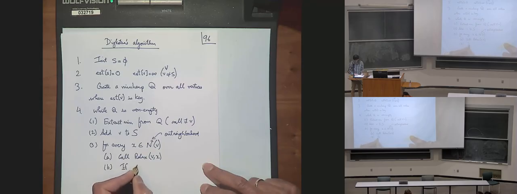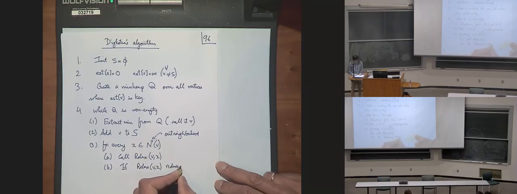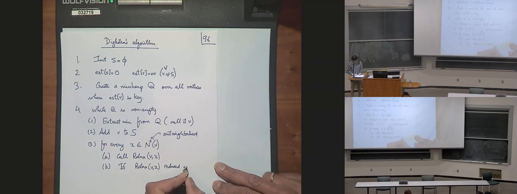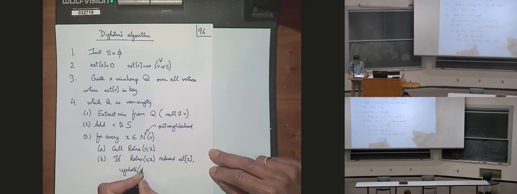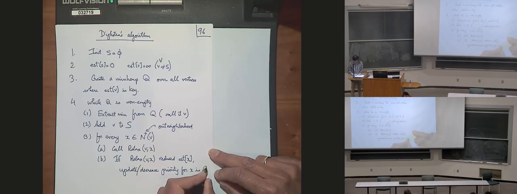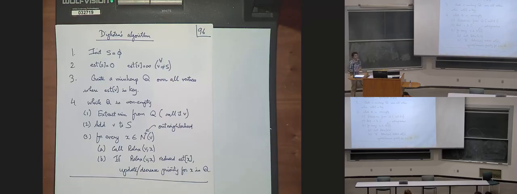And if relax Vx reduced the estimate for X, then update, or technically decrease the priority for X in the queue. This is the entire algorithm. Okay, does this make sense?